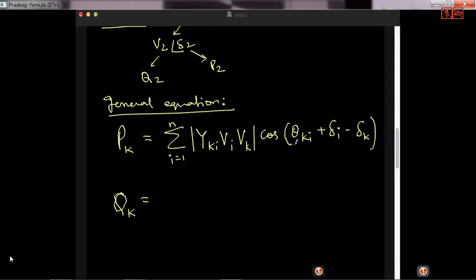This is the equation for Pk, power at bus k. And the same equation with slight modification will be like this. We'll have a minus sign. Most of you might forget this minus sign, so it is important. Yki, Vi, Vk, everything is the same except cos is replaced by sine.